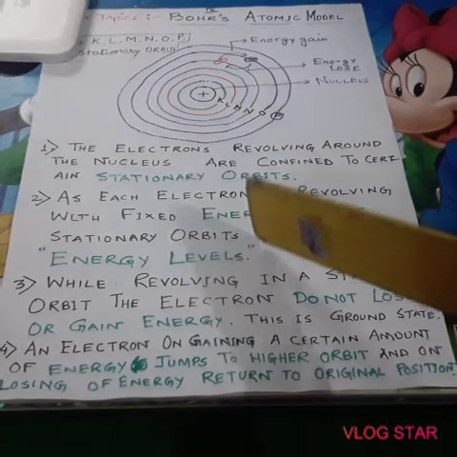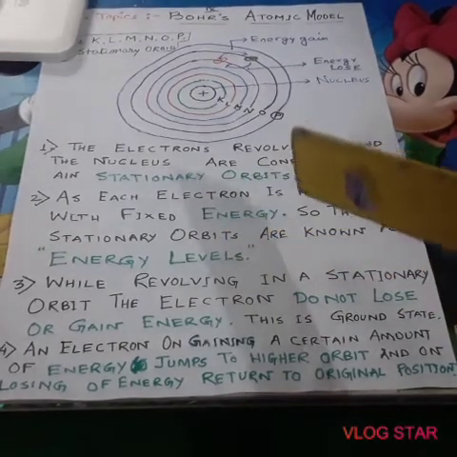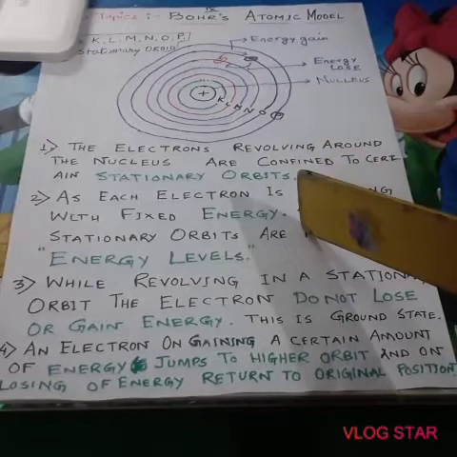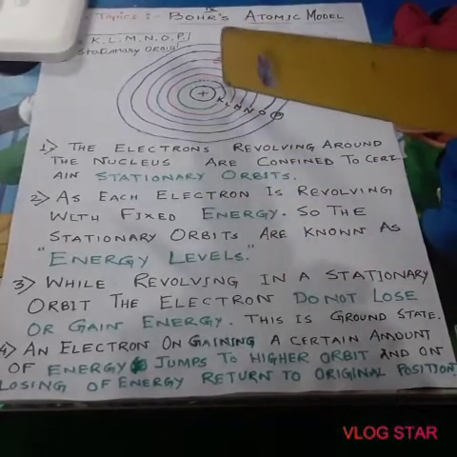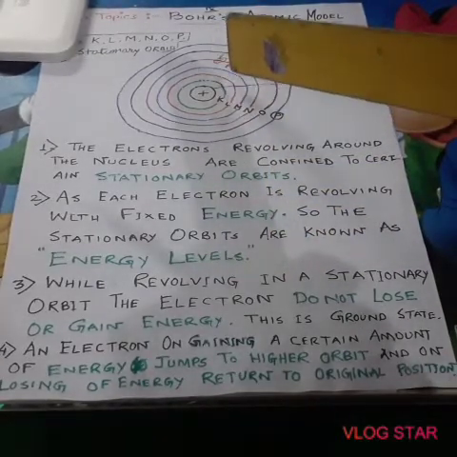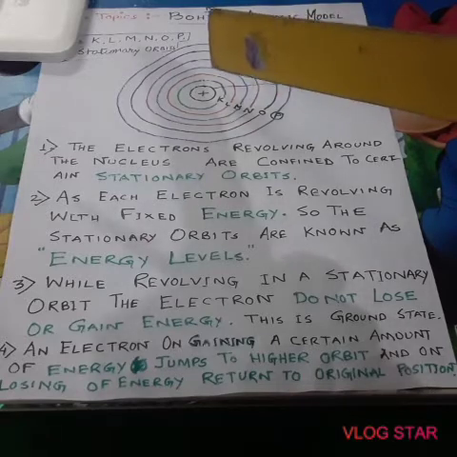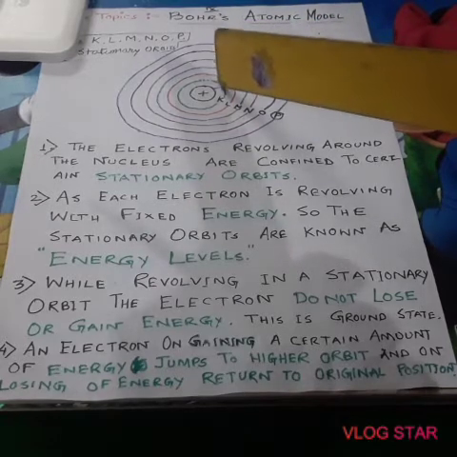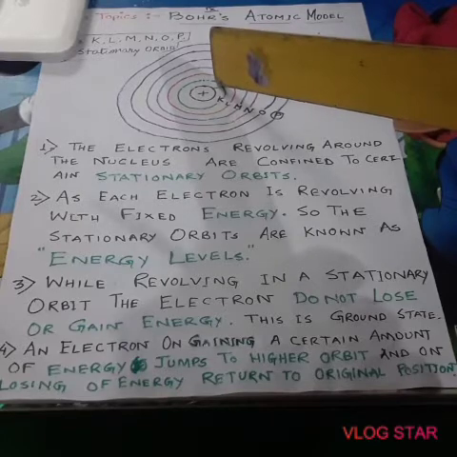We know that electrons have energy, that's why each orbit has different energy. So each orbit is regarded as an energy level. This one is one energy level.